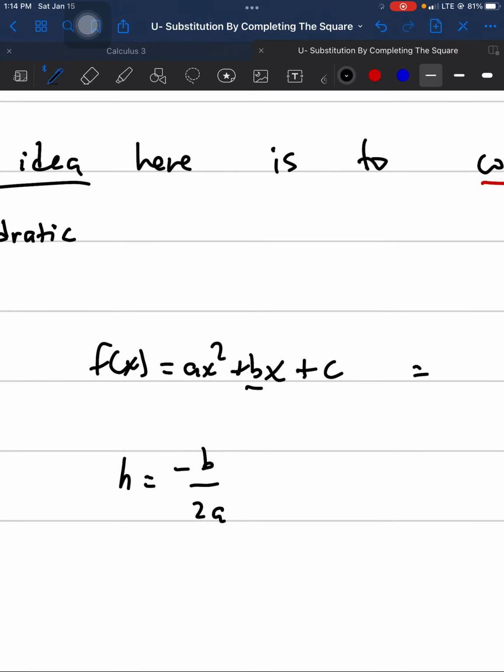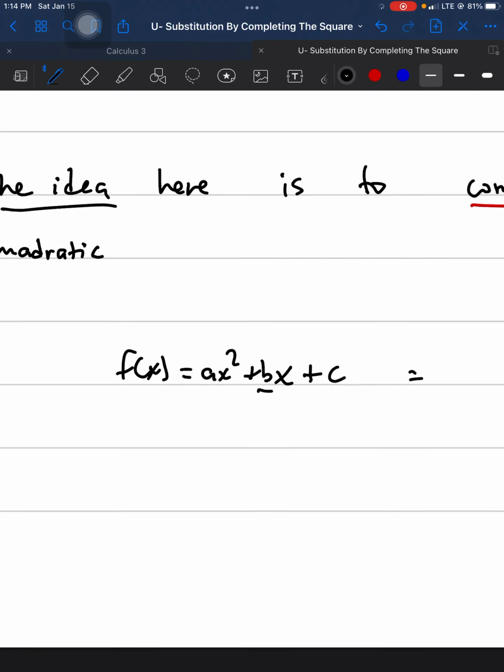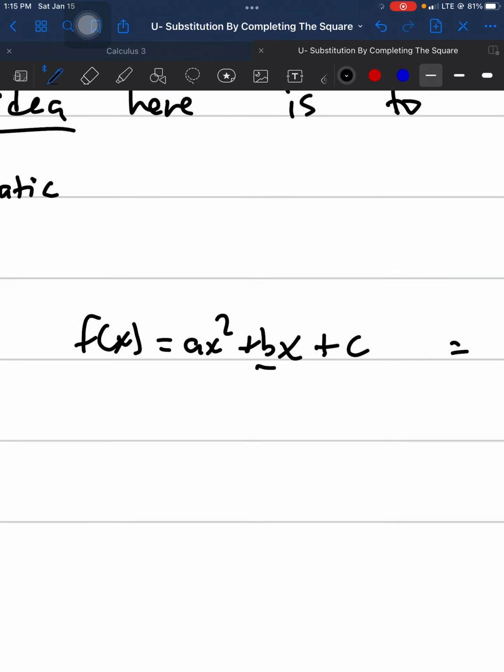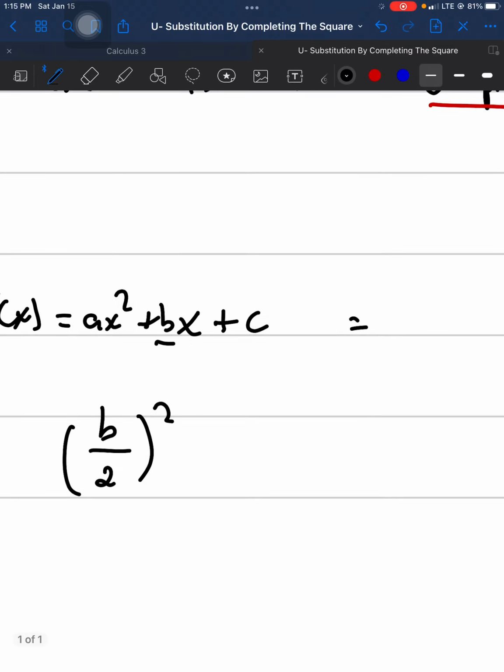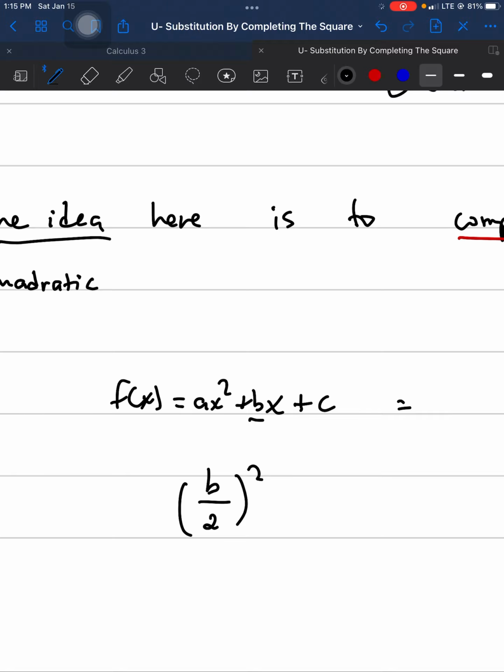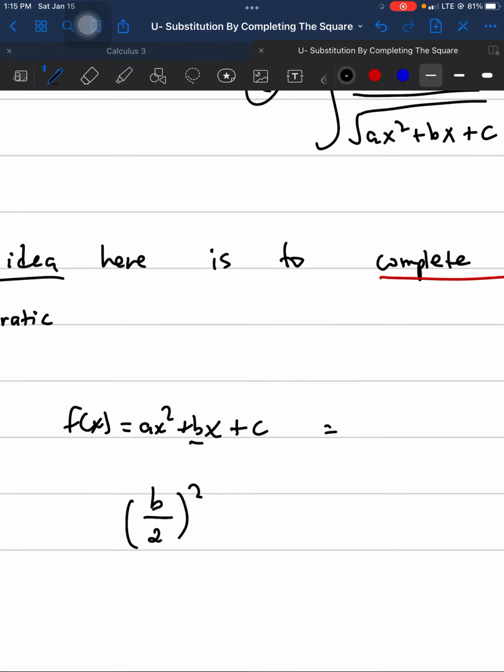Actually, wait. Let me redo this. All you have to do for completing the square is take b divided by 2 and then square that. And then whatever you do, you add on both sides.